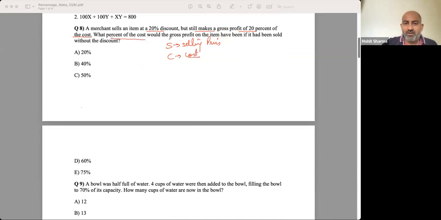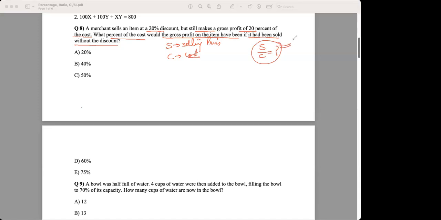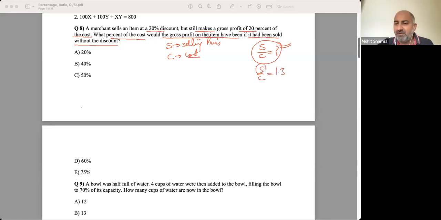What percent of the cost would the gross profit on the item have been if it had been sold without the discount? Now, if it is sold at S, S upon C would be what we are looking at finally. Let's say S upon C is equal to 1.3. That means selling price is 30% more than cost. So that would be 30% profit.